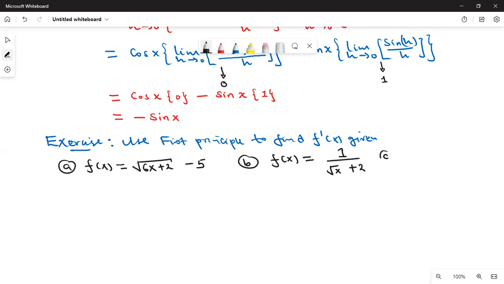And in part C, you are told f of x is equal to sine of 2x. So try these ones at your own time. When we meet next time, we look at other problems in differentiation or other techniques of differentiation.